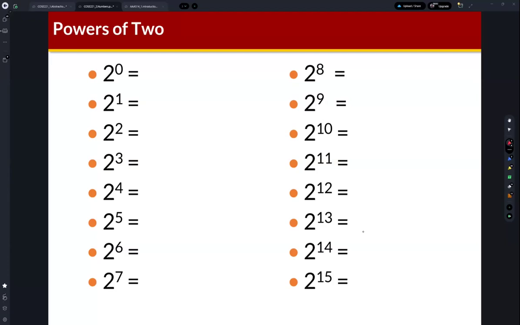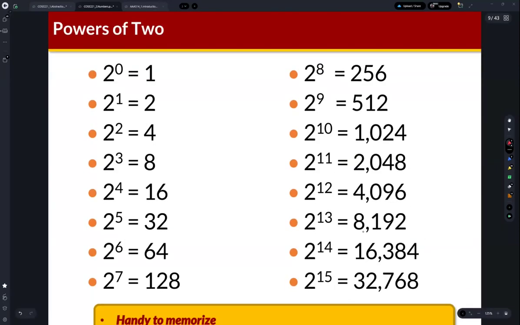I believe you can easily memorize these powers of 2, like this. Actually, I recommend you to memorize until this one or this one. If possible, you can memorize until 2 to the power of 15.